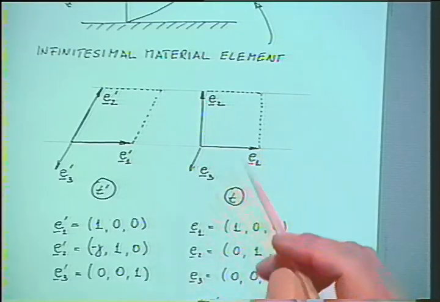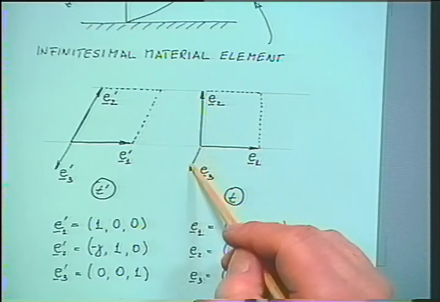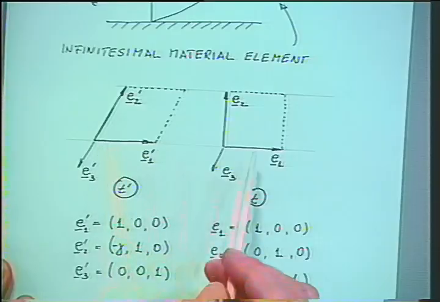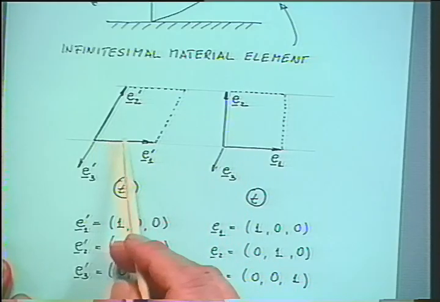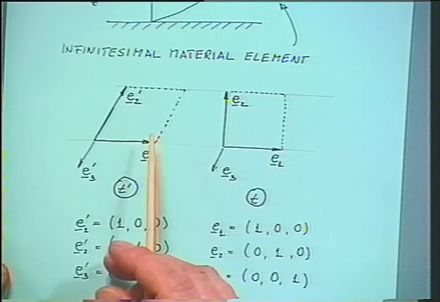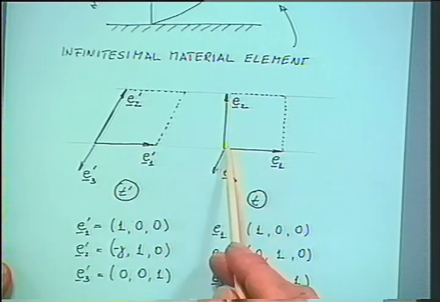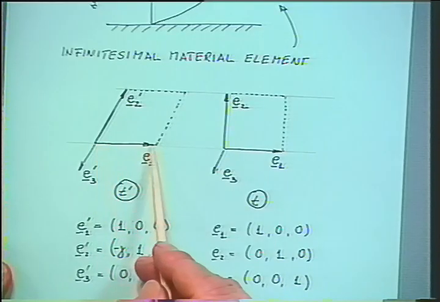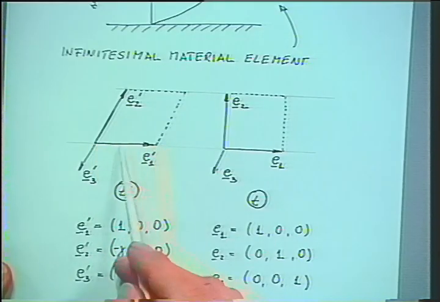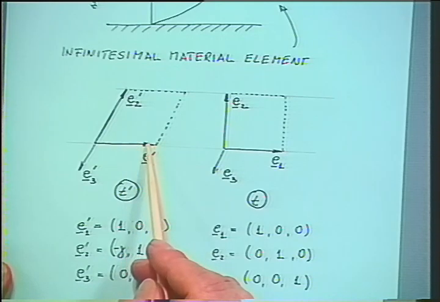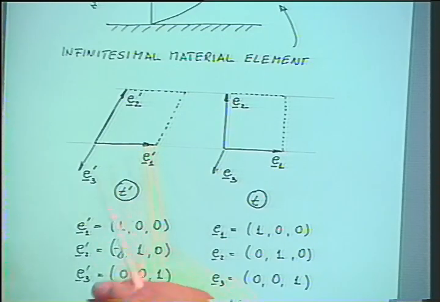You just assume that you're drawing this into the material. And then at some preceding times, those material vectors had a different length and different angle with respect to each other. Now, the material vector E1 turns out to be the same at previous states because all material points on this material vector E1 move at the same velocity. So this vector is not being stretched.